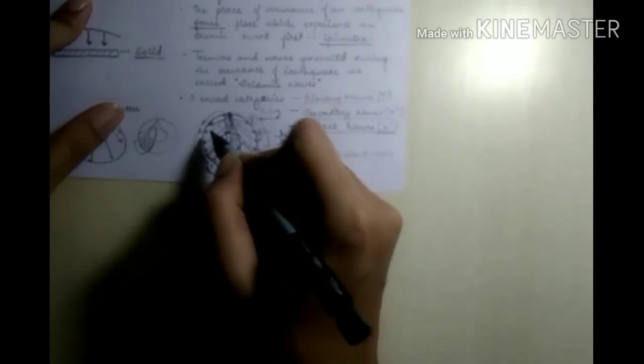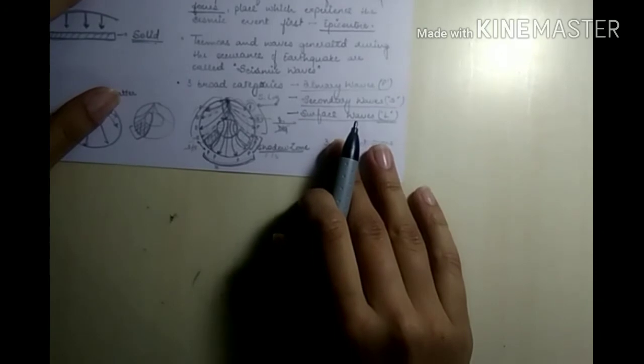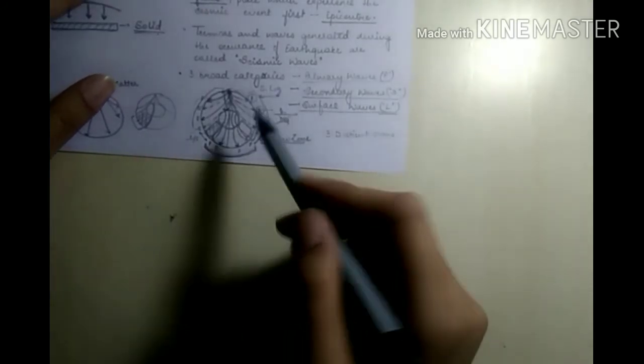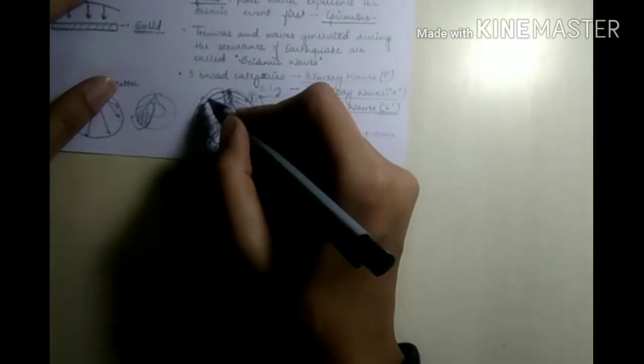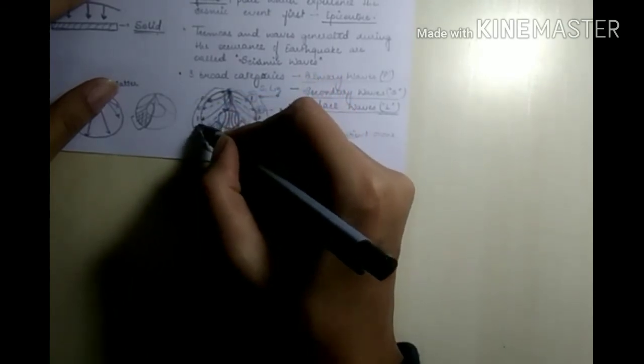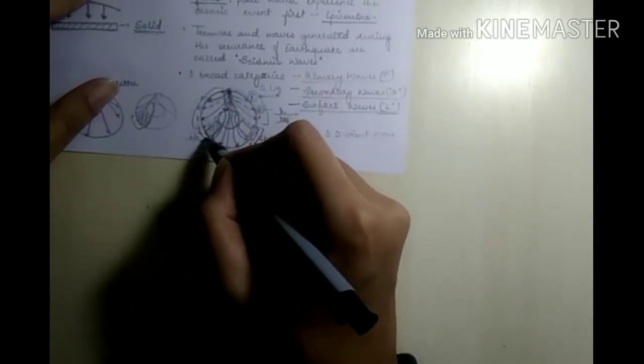So they concluded that there are several density zones in the interior of Earth, and on the basis of change of velocity of these waves, they proved that there are major changes in the velocity of waves at three places. First place was this, second place was this, and third place was this.